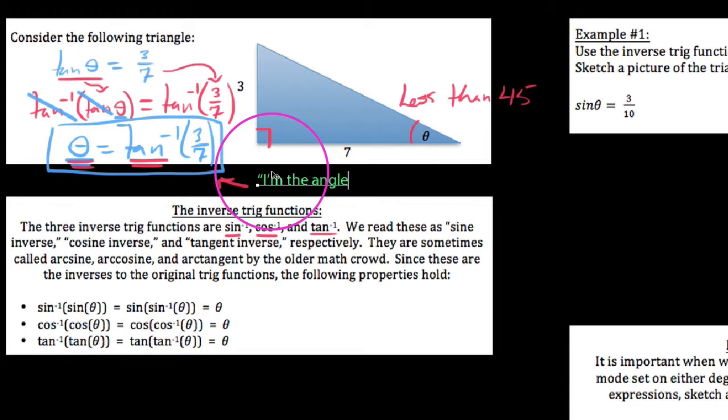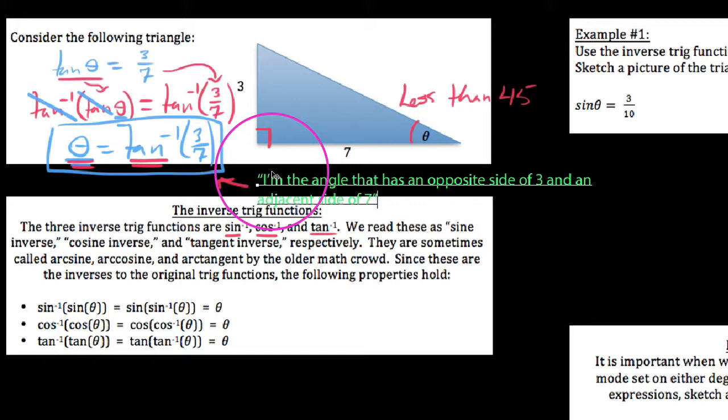I'm the angle that has an opposite side of 3 and an adjacent side of 7.